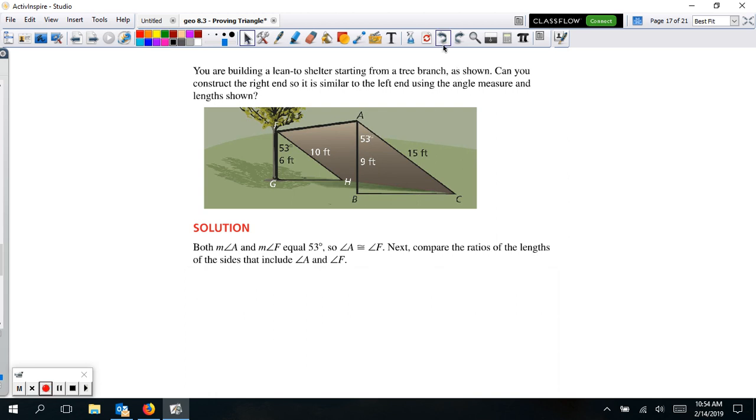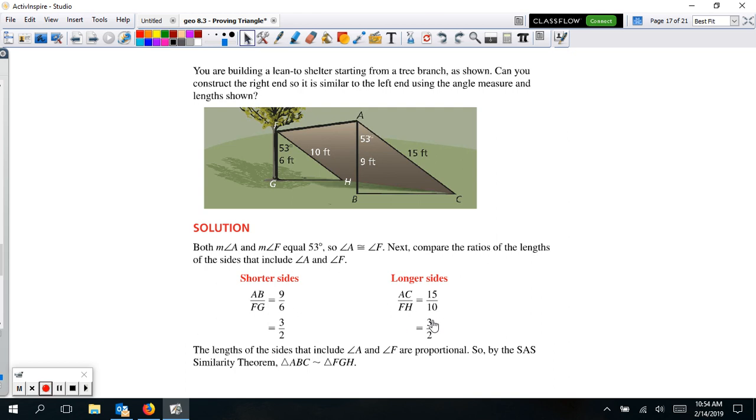So AB over FG is 9 over 6, the shorter ones. And then AC over FH is 15 over 10. It's 3 over 2. It's also the same thing. Because those are equal to each other, and these are proportional sides, we can use the SAS and show that they are similar.